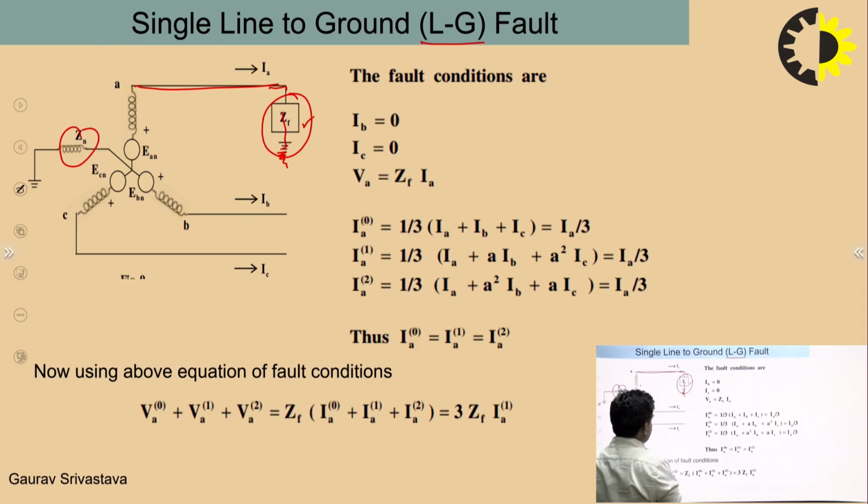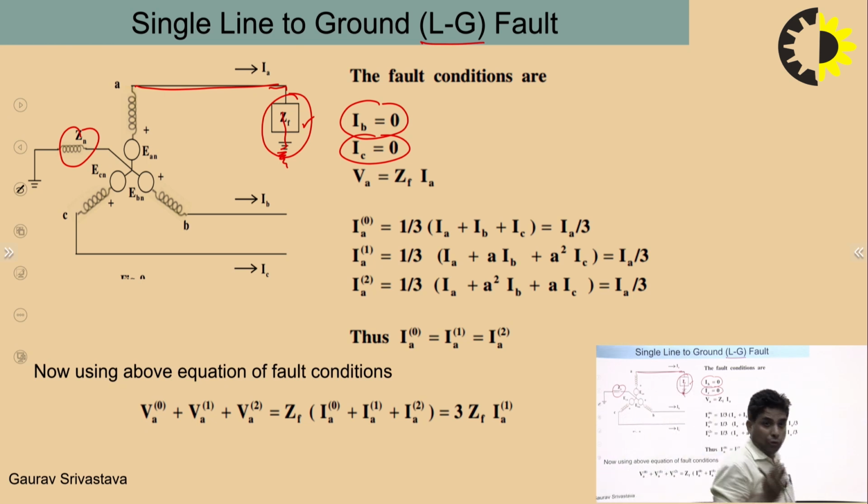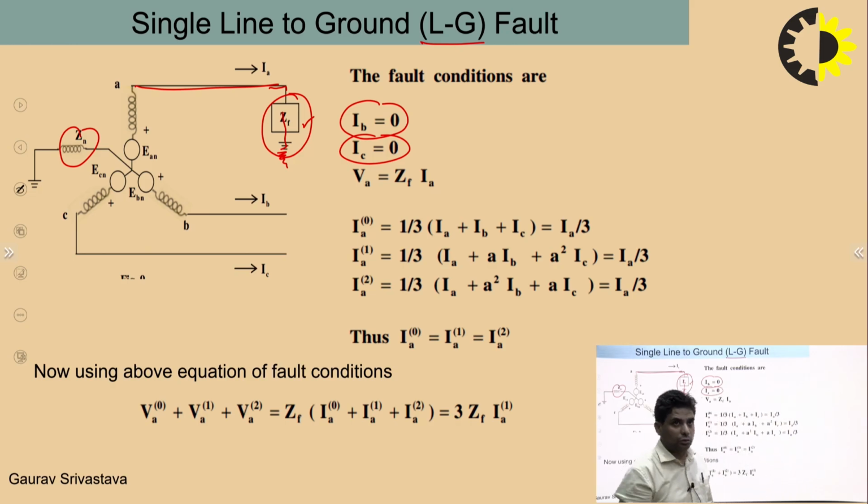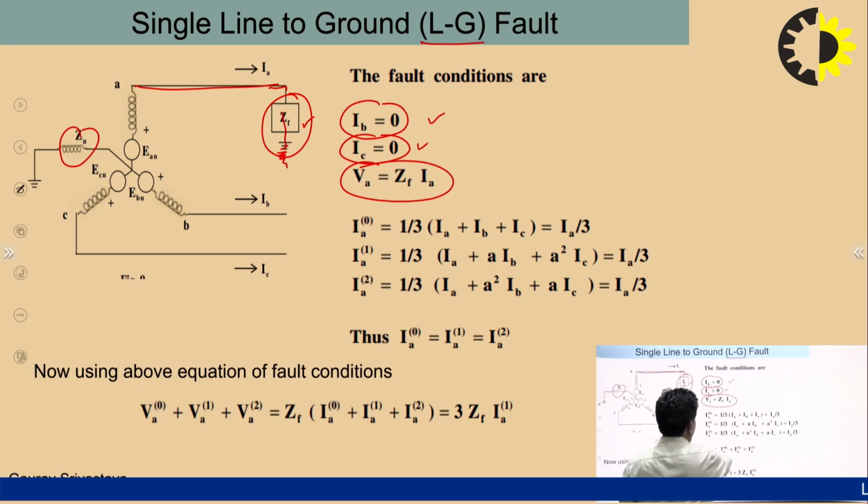The primary condition is that, due to the LG fault, the currents IB and IC are 0, because the fault occurs at phase A. All the current goes from phase A to ground. So IB and IC are 0, and EA is equal to ZF IA.